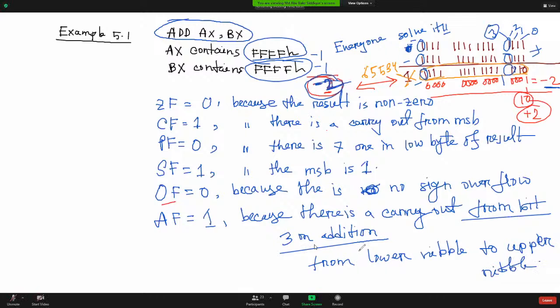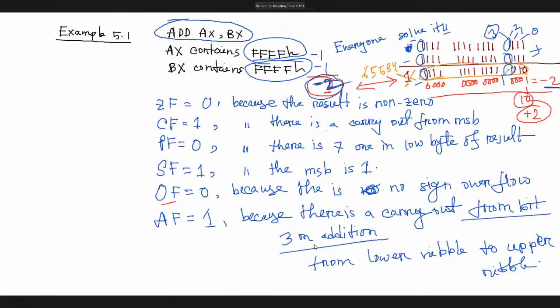Okay, so because the 4 bit is called a nibble, after 4 bit you get a carry. Here is the carry, and that's why it is called the carry out from the lower nibble to the upper nibble. So in that case, it will be 1.